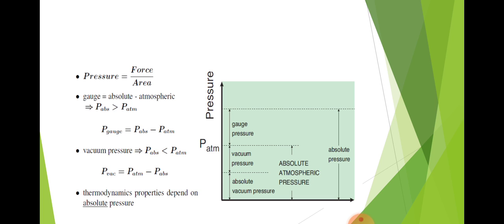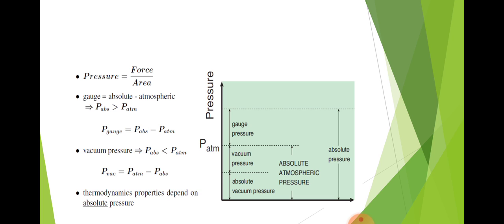Okay, so now we can see about the vacuum. Vacuum may be defined as the absence of a pressure. Quite often, the pressure of the confined fluid is less than that of the surrounding atmosphere, but vacuum may be defined as the absence of the pressure. The confined fluid is then said to be under a partial vacuum.